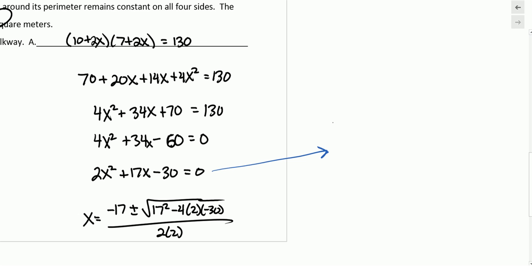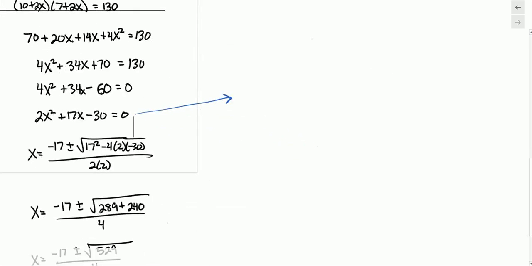We'd look for two numbers that would multiply, so a times b, to negative 60, and add to positive 17. So 20 and negative 3 would work.